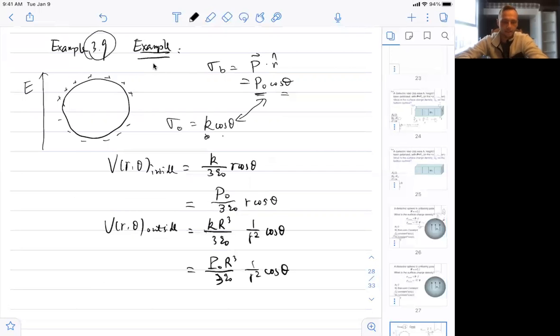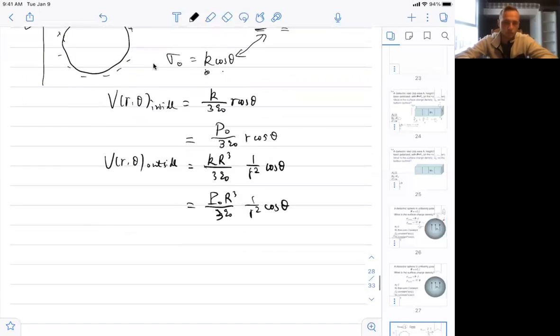Okay. What's more interesting is to get E from the V. What we can do, I don't have time to do all of that, but I'll outline the rest of this for you, is we're able to calculate our E inside and outside. E R is going to be negative dV dr. E theta, remember we kind of did this before, is negative 1 over R dV d theta.